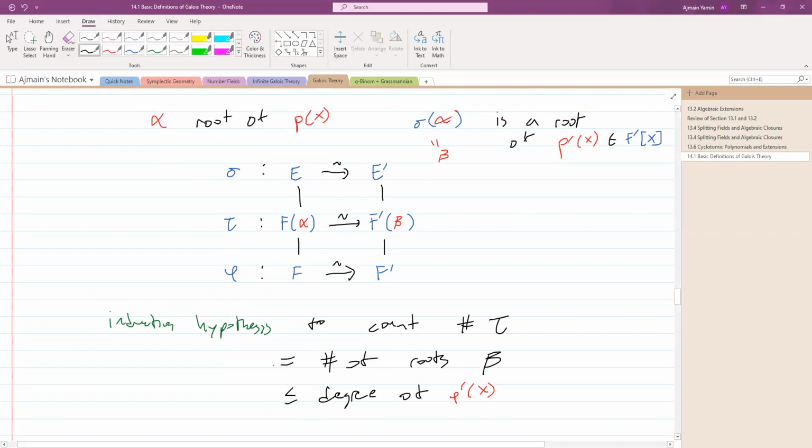It's equal in the case that you have a separable extension. And then this is the degree of the extension F prime of beta over F, which is the degree of F of alpha over F.